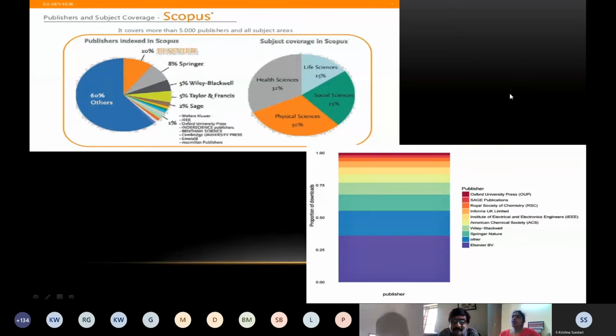Okay, thank you. This particular slide shows you what the impact is when you have your publication in an indexed journal as against a publication that is not indexed.